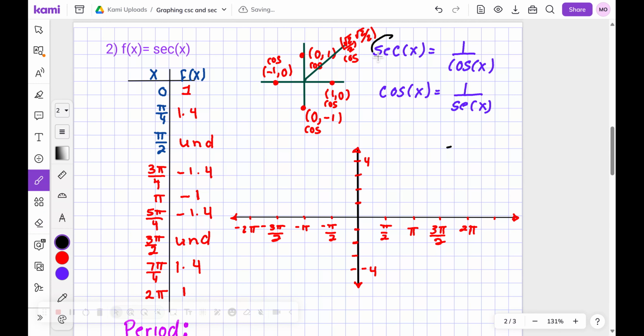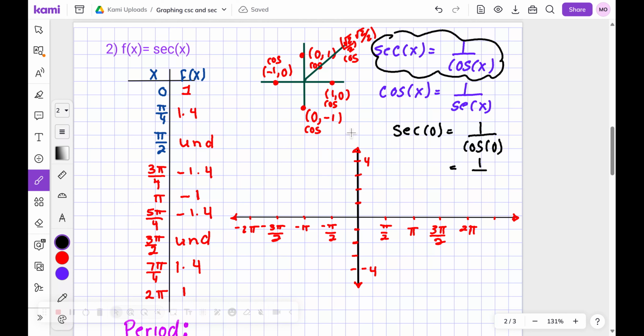Let me erase this so you guys don't get confused. Okay, so if I want to do secant of 0, I do 1 over cosine of 0. Cosine of 0 is 1. Therefore, secant of 0 is 1. That's how I get that 1.